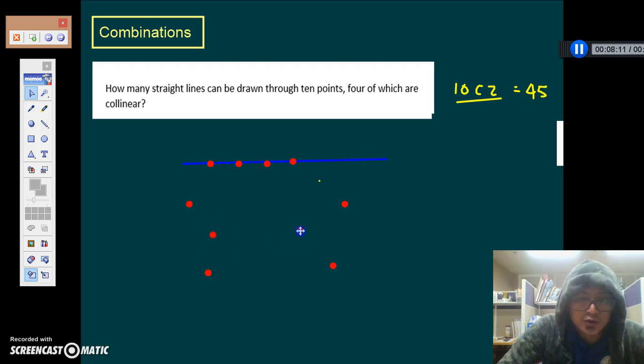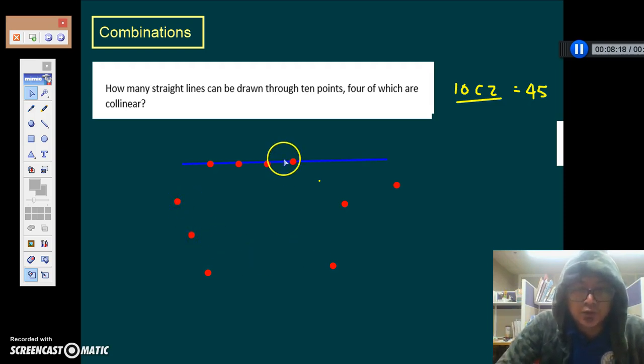So that's basically the problem. So how many ways can we draw? How many lines can we draw from these points?